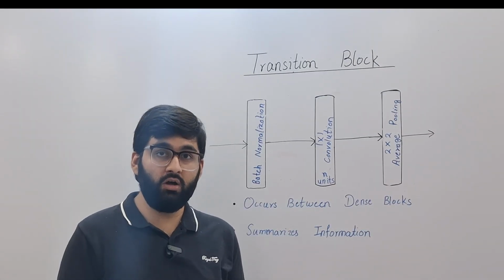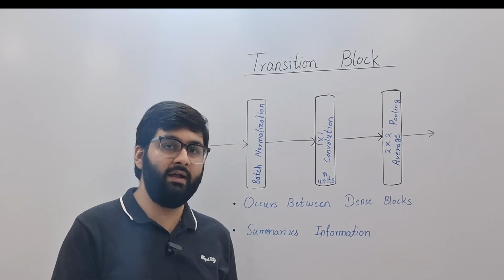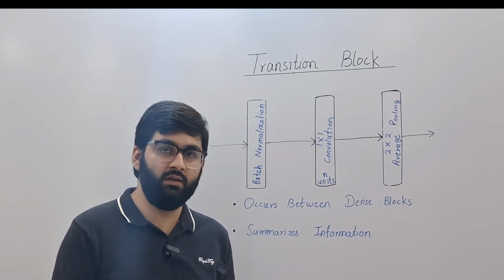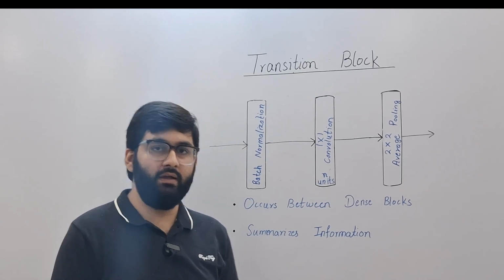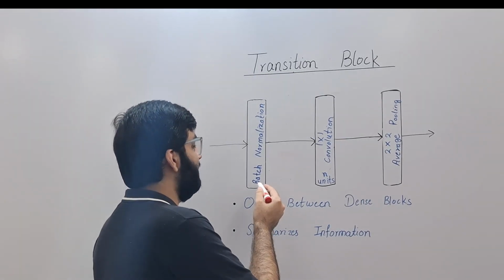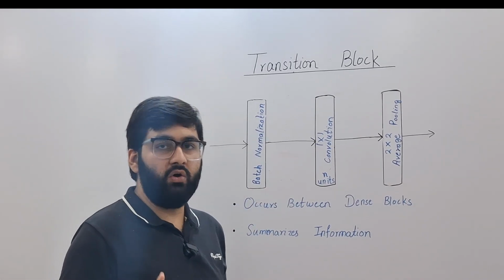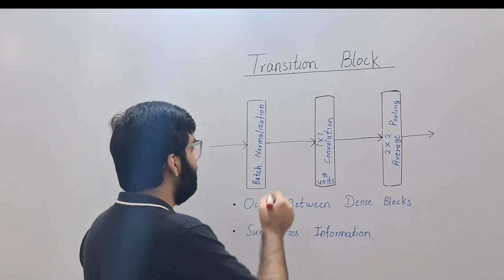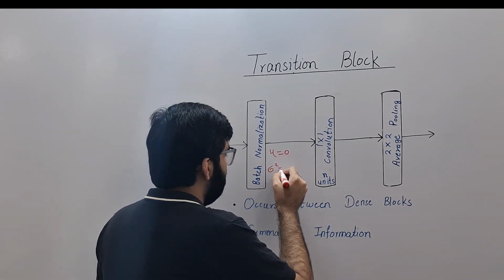The transition block occurs between dense blocks. Its purpose is to facilitate the flow of information from one dense block to the next dense block. It consists of 3 layers. The first one is the batch normalization layer. This layer standardizes the input so it has an average of 0 and a variance of 1.